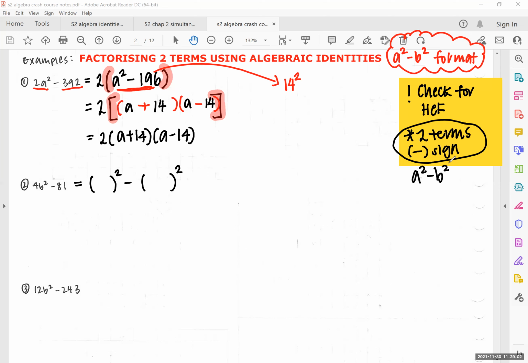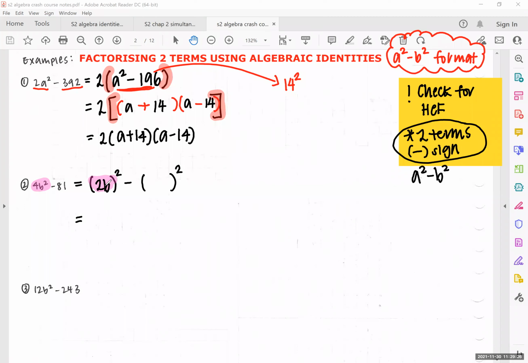So you must always question yourself: can this be an a square minus b square? Always question yourself, and then you won't go wrong. So right now, take a highlighter. What square, pink with pink, will give me 4b squared? So what do I put inside? 2b. Yes, 2b. Now you know why we did all those training.